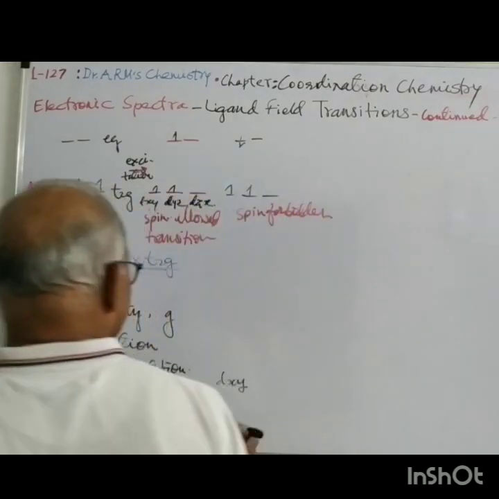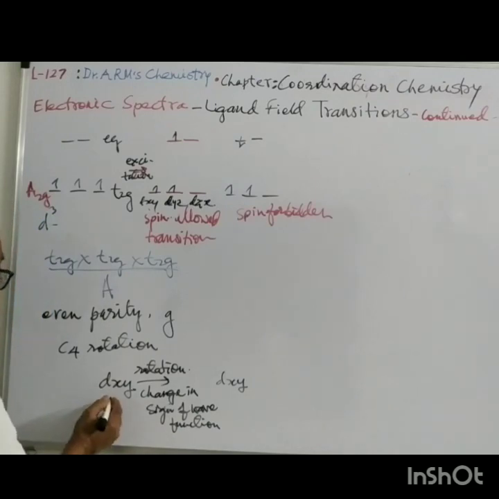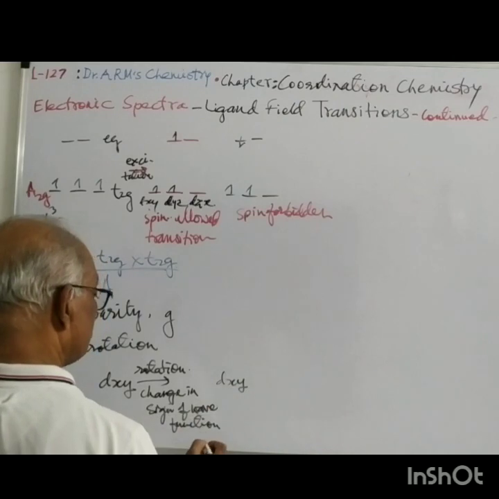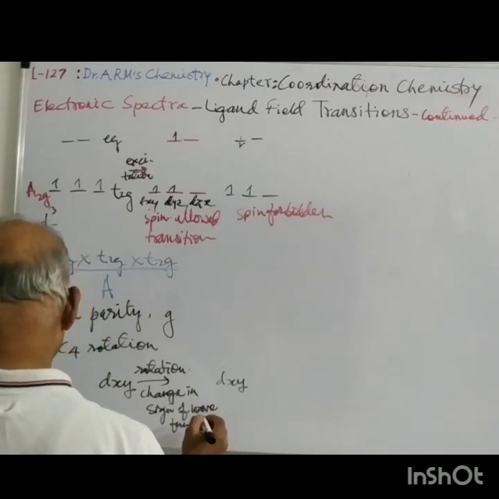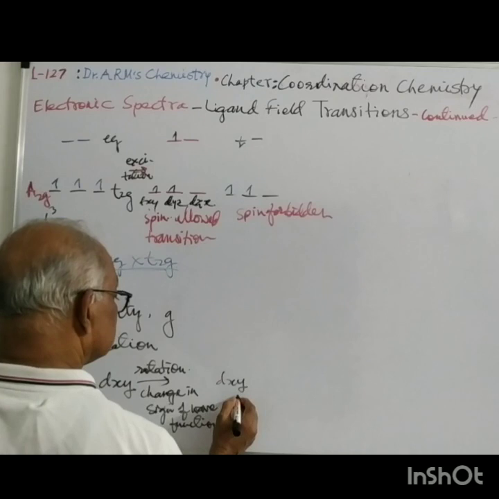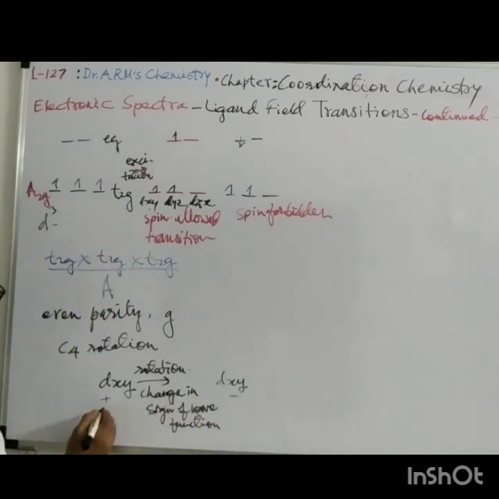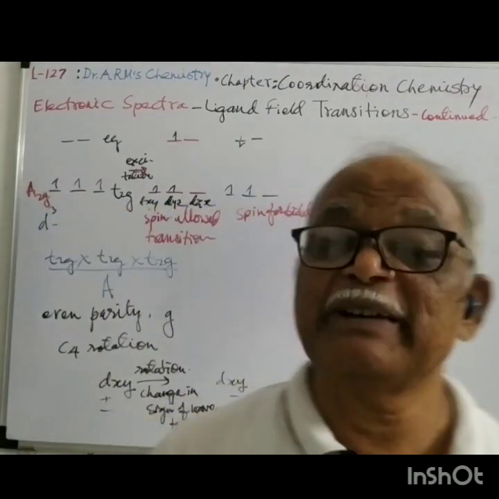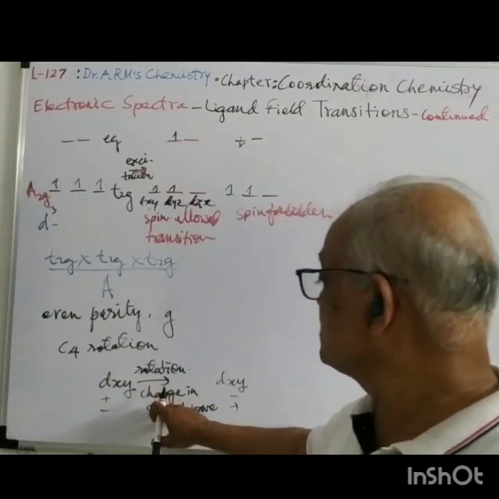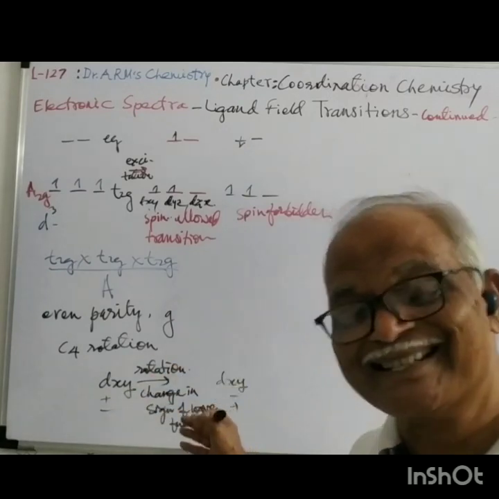Where the orbital has lobes with positive signs, it becomes negative, and lobes with negative signs are changed into positive signs. So the orbital, after undergoing C4 rotation, is changed into its negative.